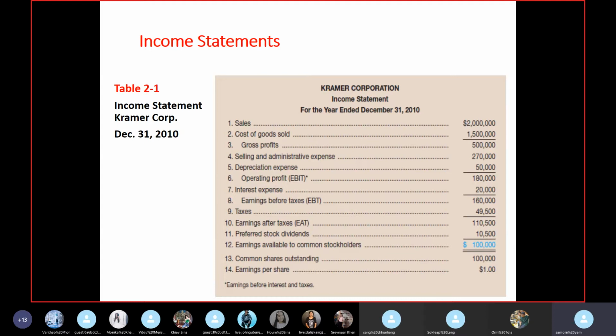The financial report is a little bit different for each form, but the more complex is the corporate finance report compared with other companies like sole proprietorship or partnership.